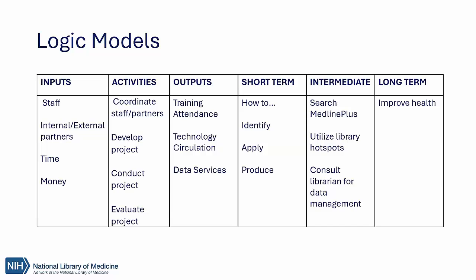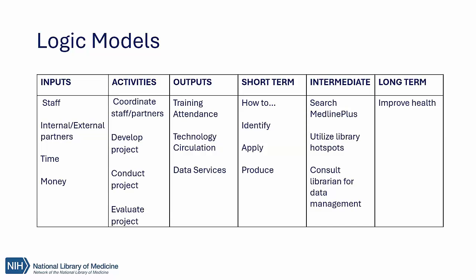Or maybe the next item in that same column, you will be purchasing technology such as hotspots to loan, or, as we were mentioning earlier, what you would need for a telehealth appointment. Or maybe you will be launching data services for biomedical research, and your intermediate objectives are for your target population to utilize the library hotspots, or in our on-the-fly example, the telehealth, the converted closet, or consult the librarian for data management.